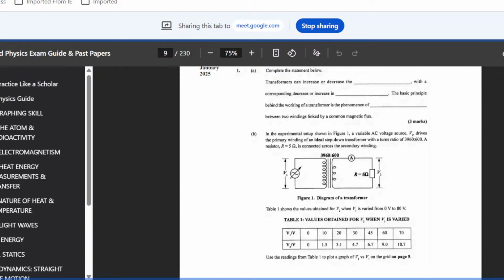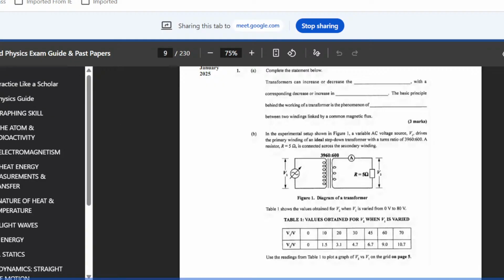Alright, so let's go. Transformers can increase or decrease the dash with a corresponding decrease or increase in dash. So let's start with that.